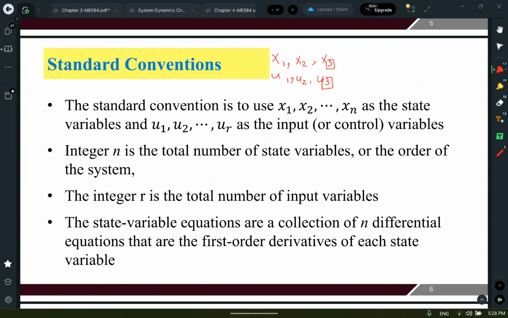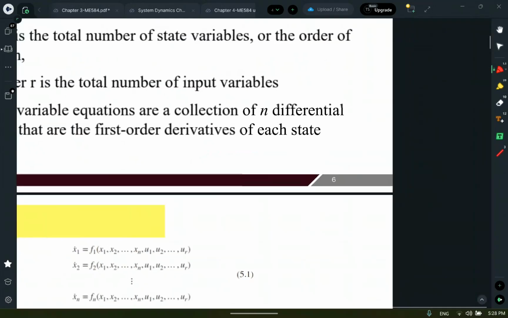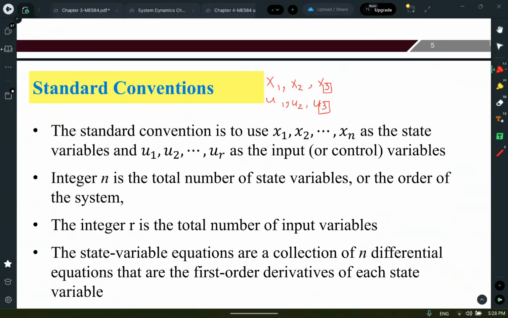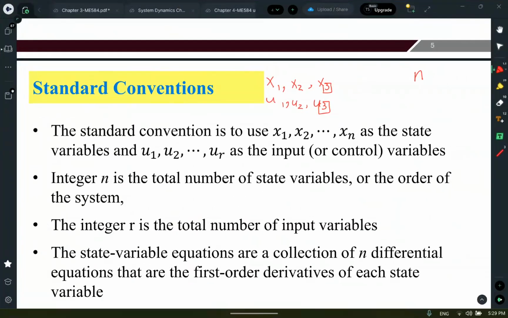Normally, the number of states we show with n, N as in Nancy. And normally, the number of controls or inputs we show with R. In fact, in your textbook, they're going to show it with R. So you have R number of inputs and N number of states.